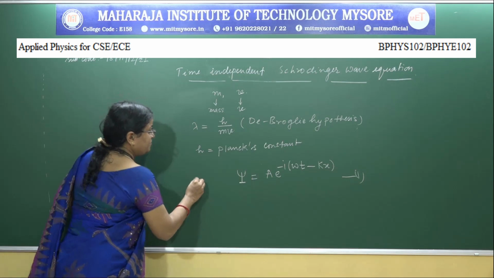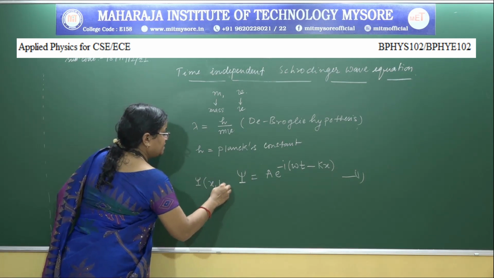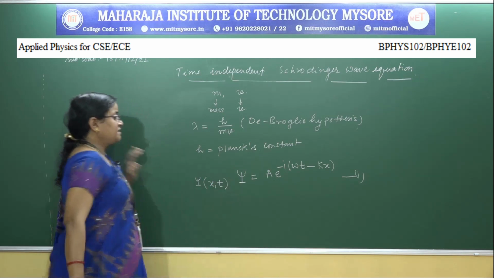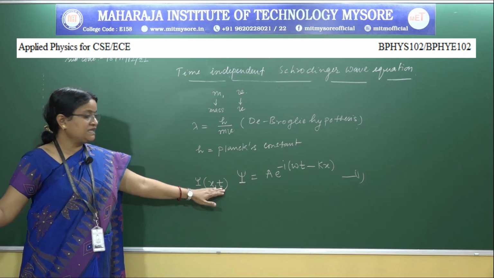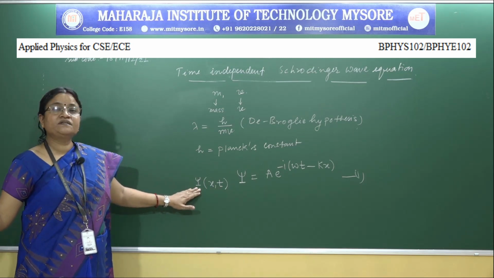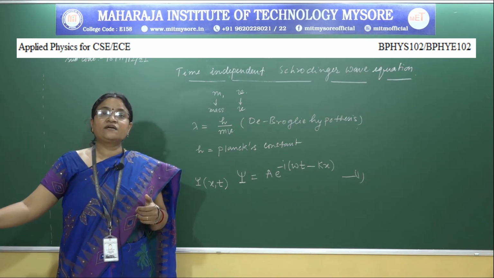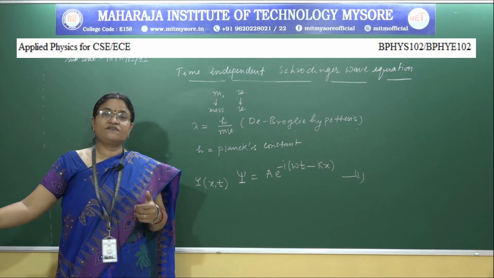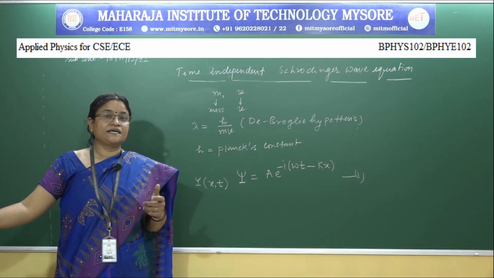Capital psi is a function of both position and time. We have introduced this term as capital psi. As I have already explained, in the time independent Schrodinger wave equation, the amplitude remains constant with time.